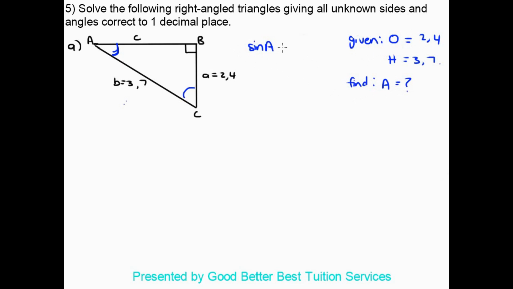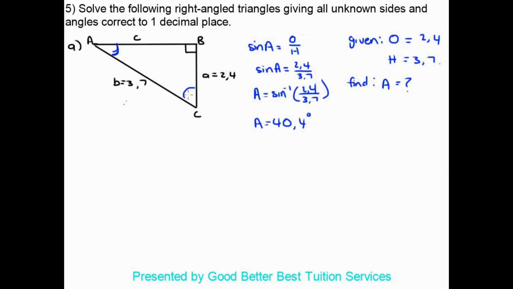So we're going to say sine A is equal to opposite over hypotenuse, so sine A is equal to 2.4 over 3.7. Then to get A by itself, we have to shift sine across: sine to negative 1, 2.4 over 3.7. So in your calculator you're going to go shift sine 2.4 over 3.7, and you end up getting your final answer of 40.4 degrees. Remember, that's rounded off to 1 decimal place.